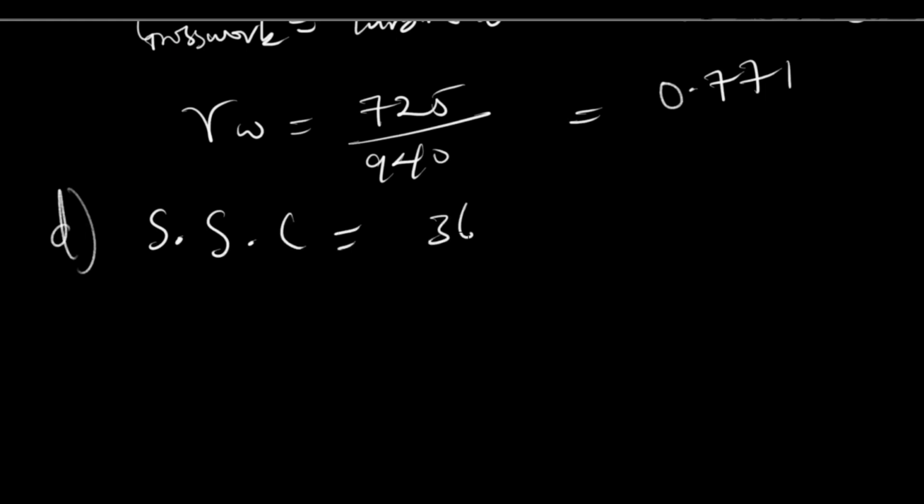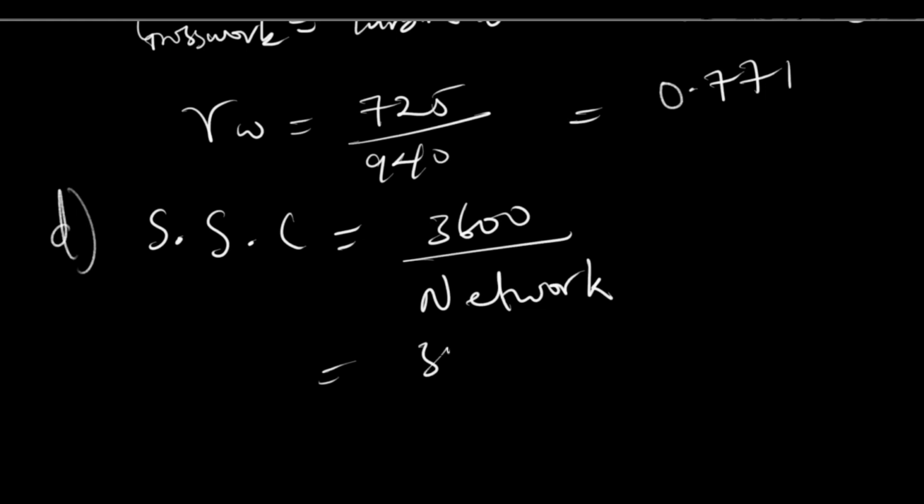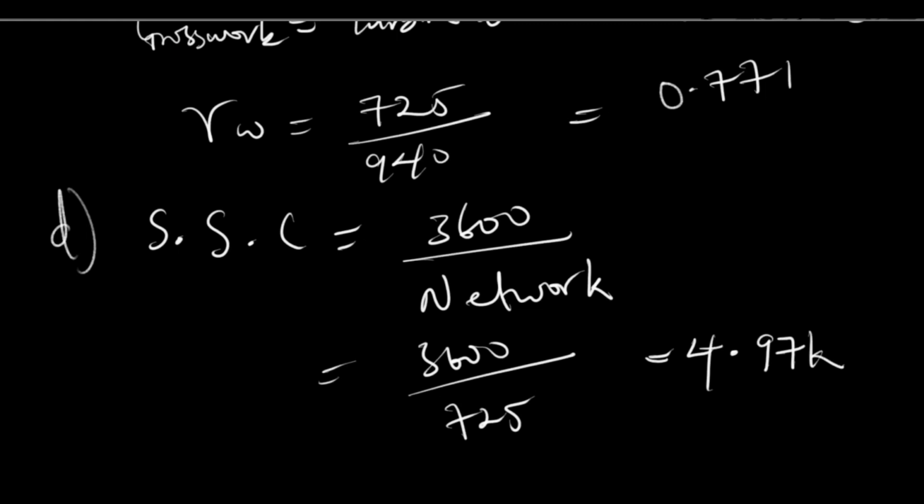That will give us a value of 4.97. Not kilojoules. Remember, the net work is under, so it will have to turn upside down. So kilogram will come up: kilogram per kilowatt hour. So that is it.